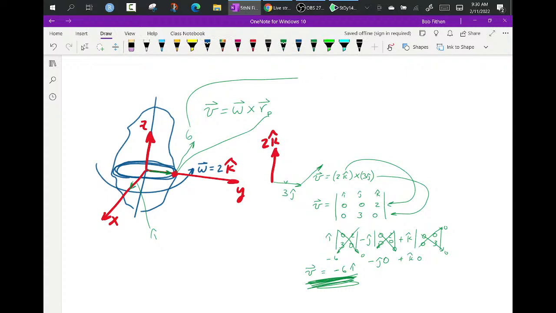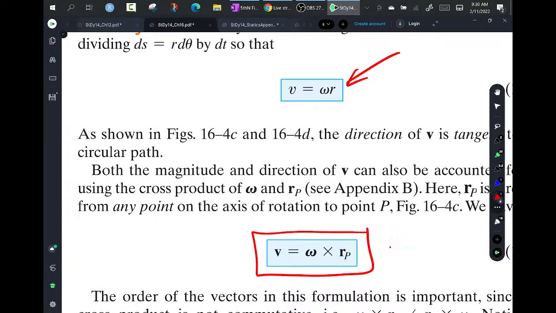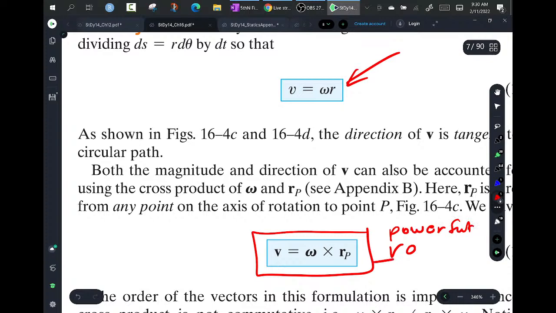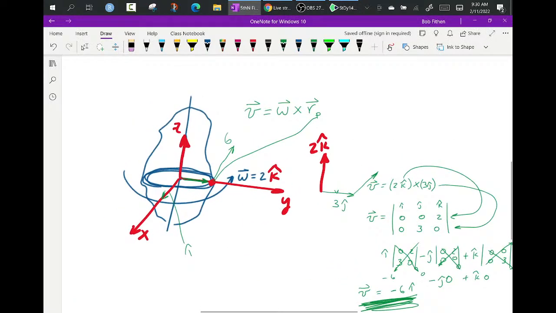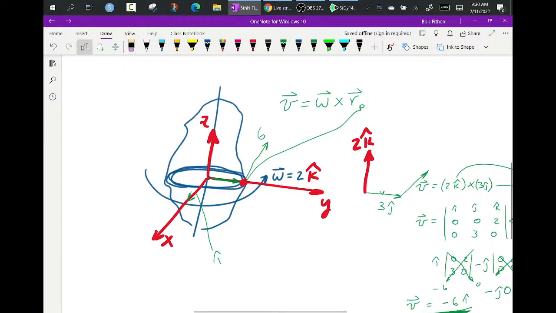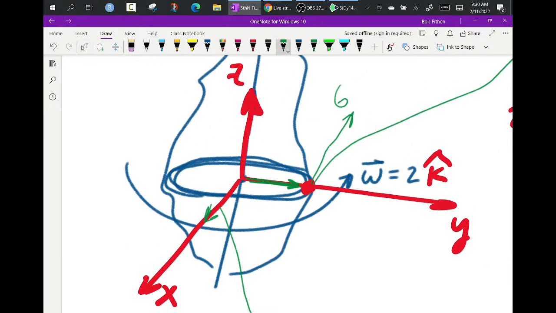The reason we do this is because this is incredibly powerful in that it always works. It's a vector representation because this vector might be in some weird location, for example pointing back here.